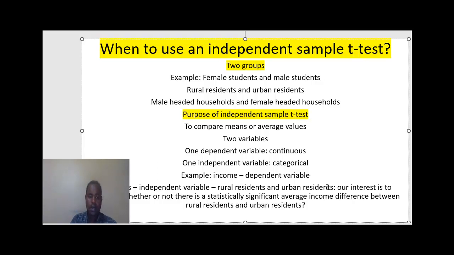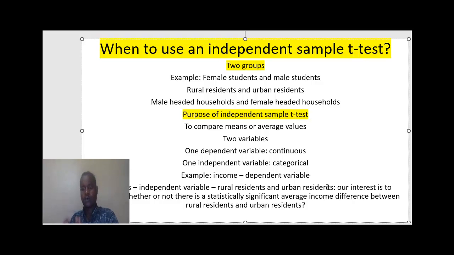Okay. So we need to collect data from the rural residents on one hand and from the urban residents on another hand in terms of income. Then we're gonna compare, given the data of the rural households and the urban households, the average income of the two groups, and finally we will conclude whether there is a statistically significant difference.